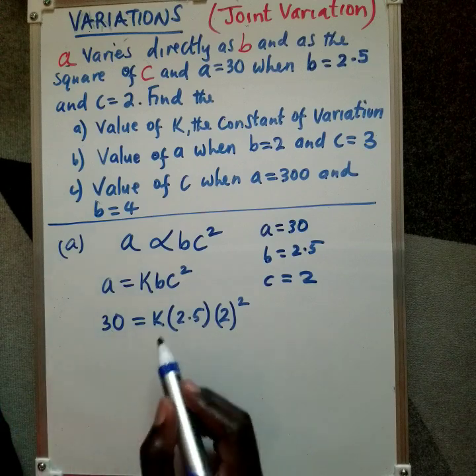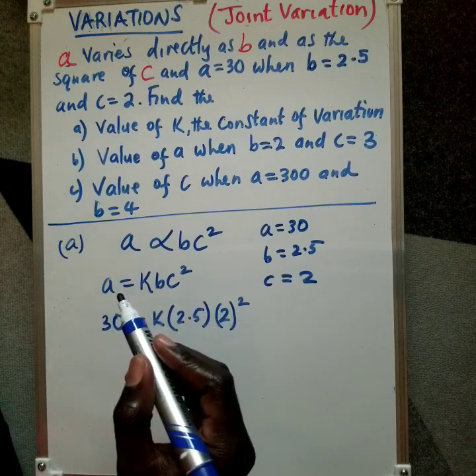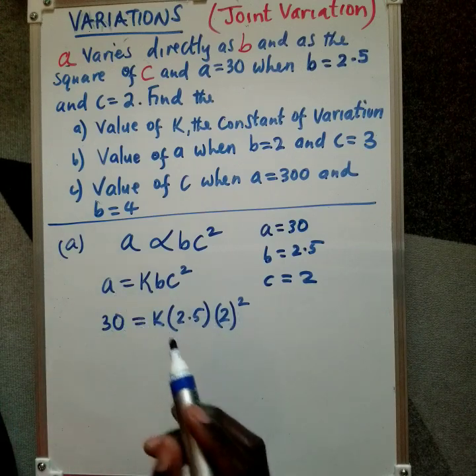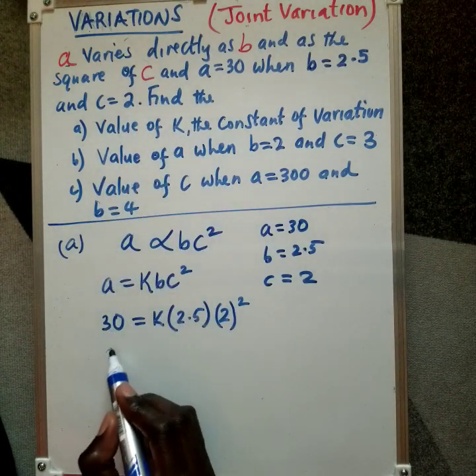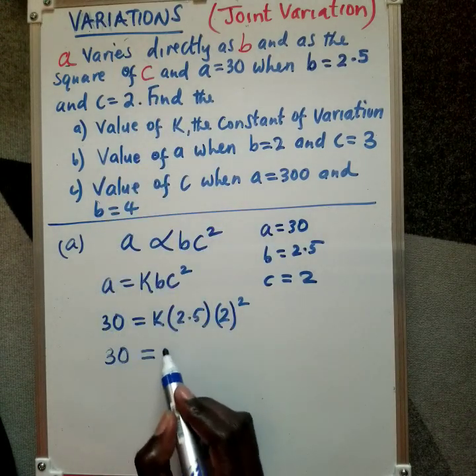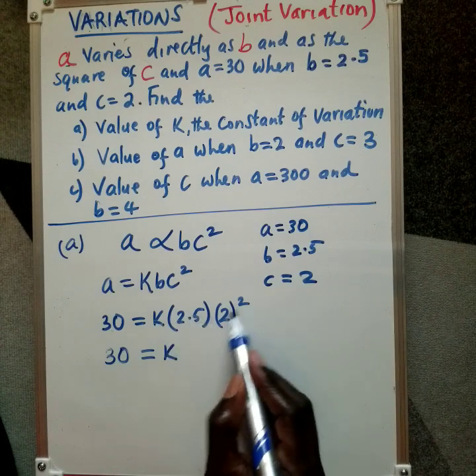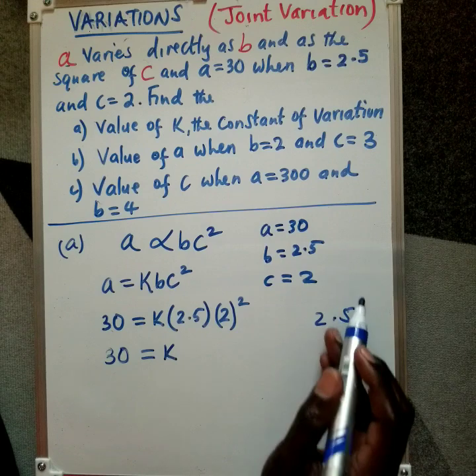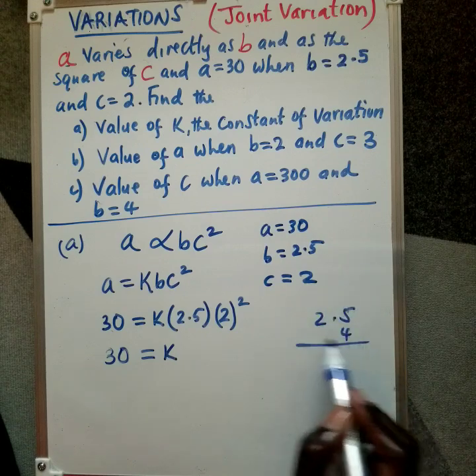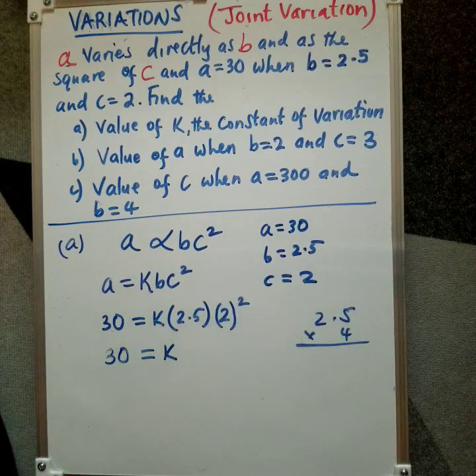Okay. So now we can work out some mathematical gymnastics. Remember in this case that you don't need a calculator. This is paper 1 work, so no calculator. So 30 is equal to K. If you notice, this is going to give us 4 times 2.5. You can ignore the point there, and 2 raised to the power 2 is 4.